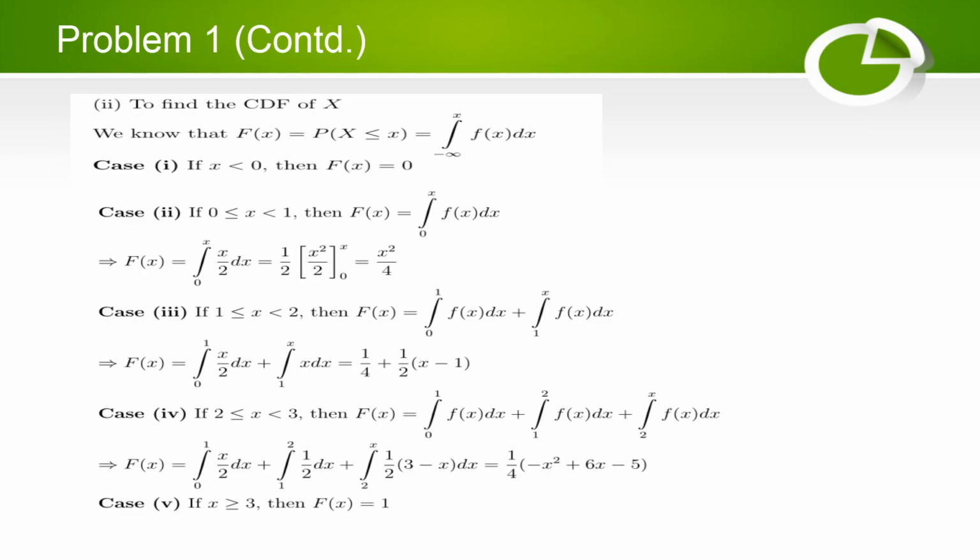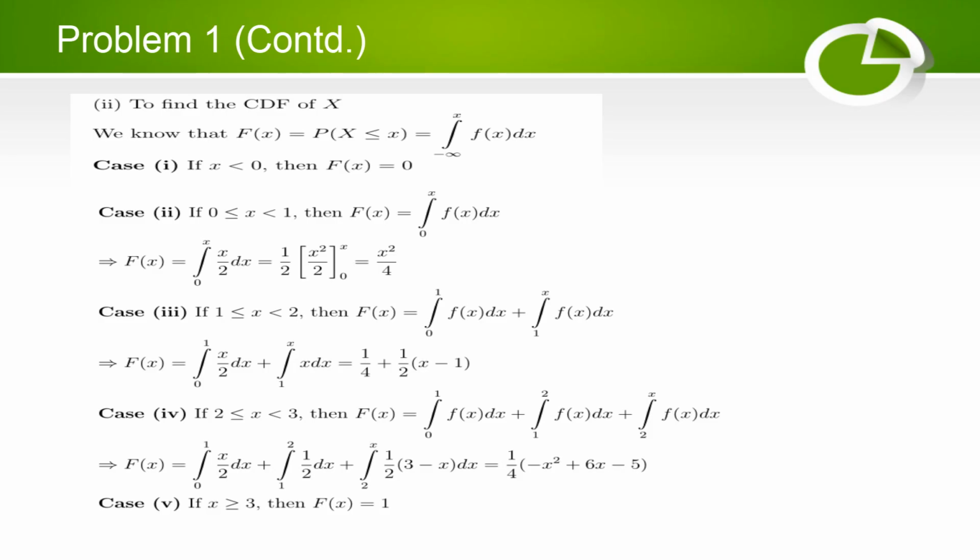To find the CDF of x, we know that F(x) equals P of X less than or equal to x, which equals the integral from minus infinity to x of f(x) dx. Case 1: if x less than 0, then F(x) equals 0.